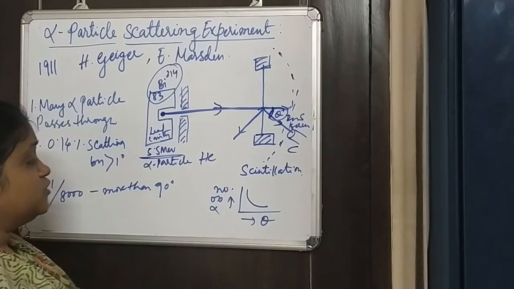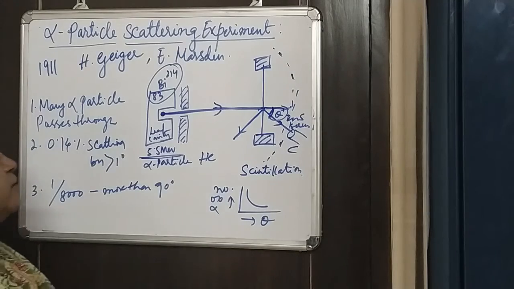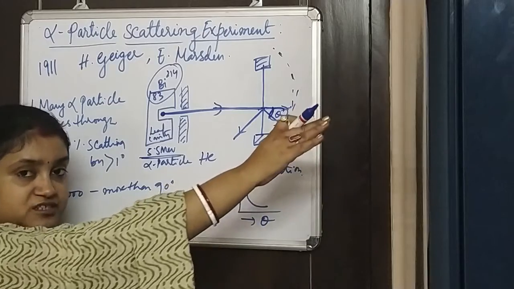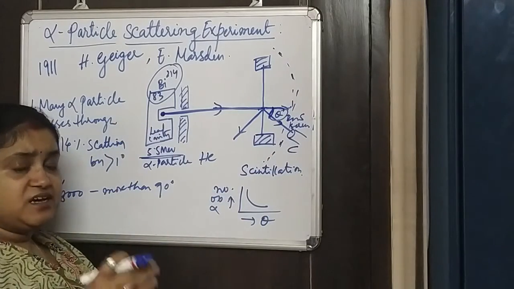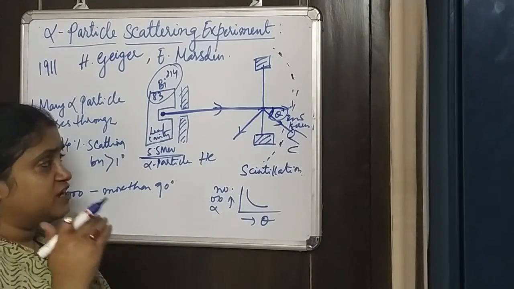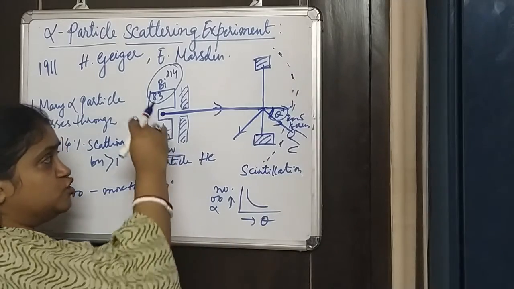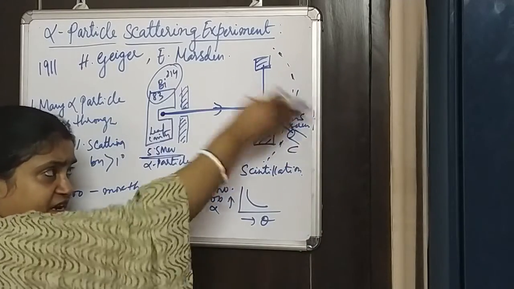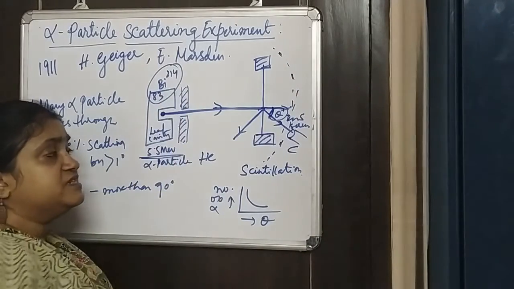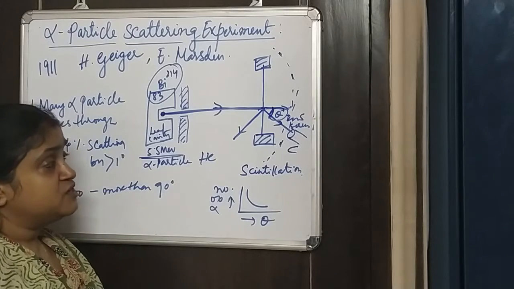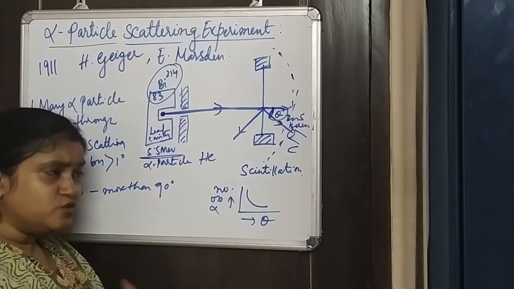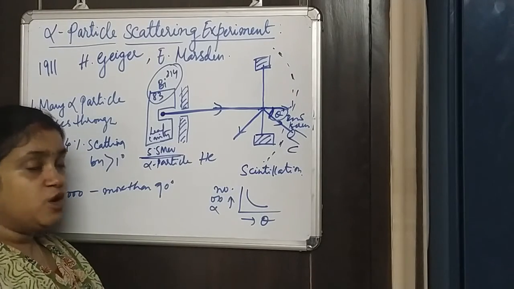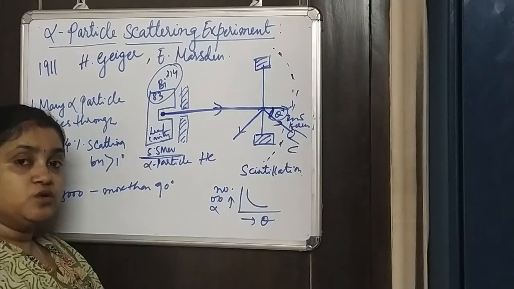It was found that most of the alpha particles just passed straight, and were not getting collided by anything. Most of the alpha particles just went straight and hit the zinc sulfide screen. It means that most of the particles did not collide with anything in the gold foil.